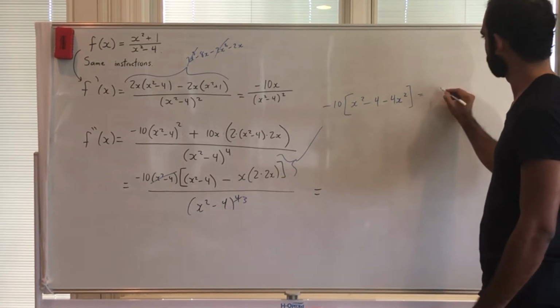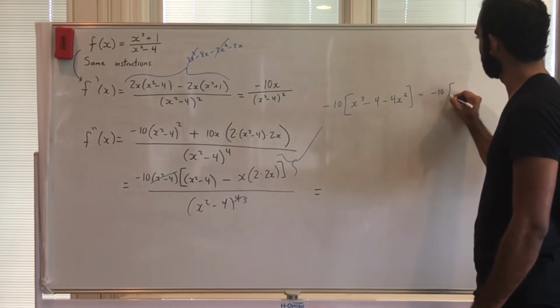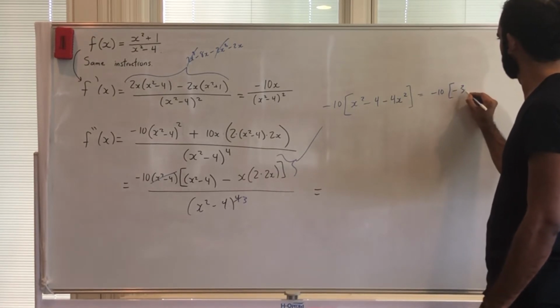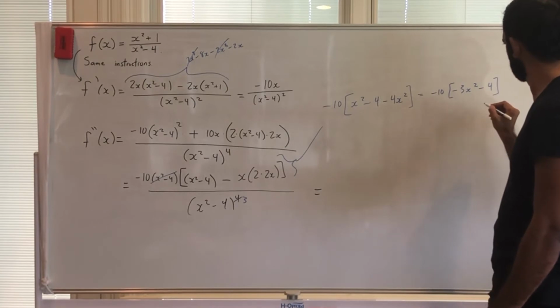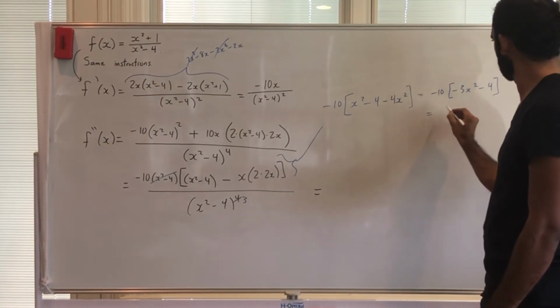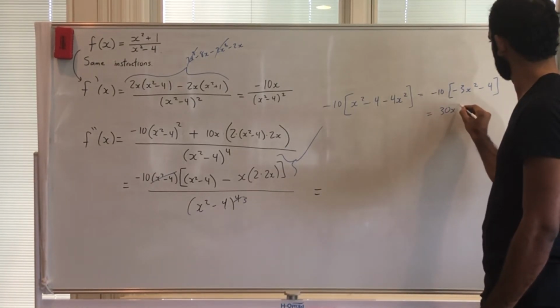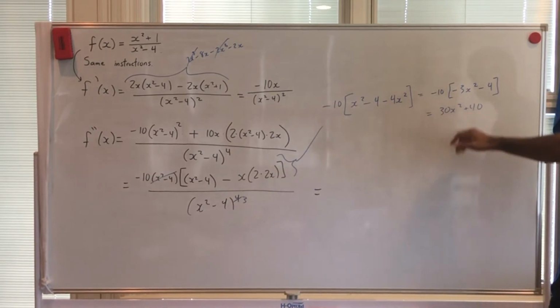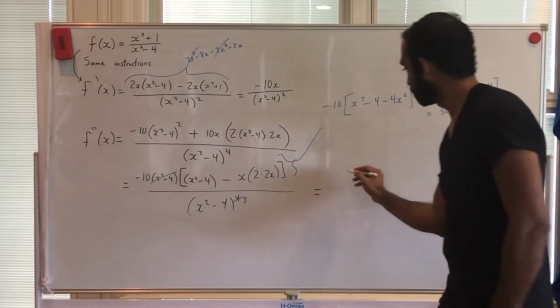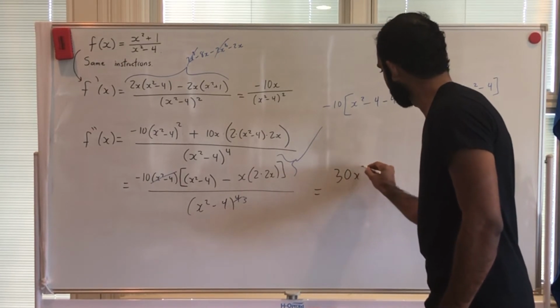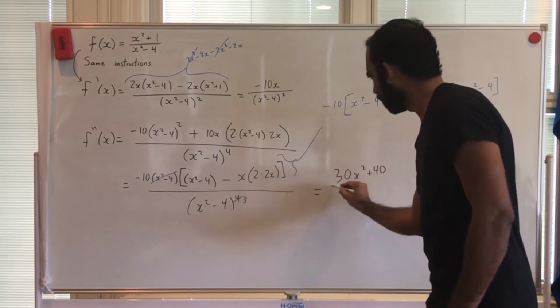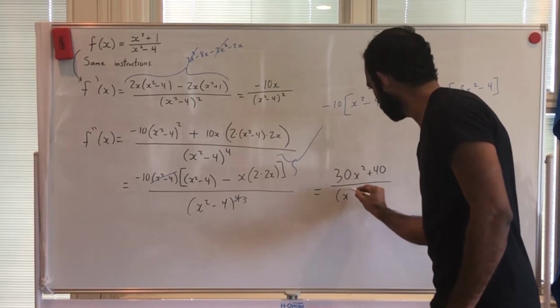Negative 3x squared. So I have negative 10 times negative 3x squared minus 4, and that turns out to be 30x squared plus 40. So we stick that back in here and we get 30x squared plus 40, all divided by x squared minus 4 to the 3rd.